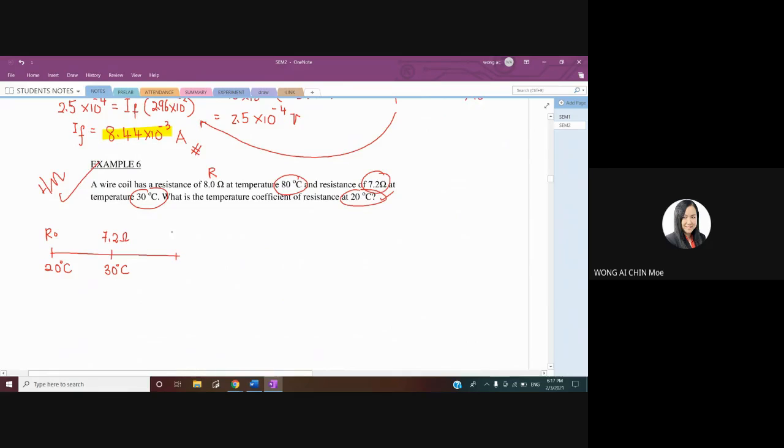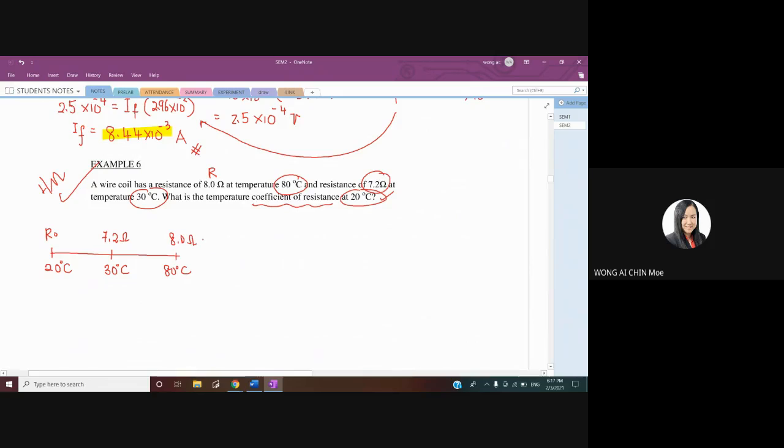And when it is at 80 degrees Celsius, your resistor is 8.0 ohm. So this is the question. We want to find alpha, the temperature coefficient of resistance.